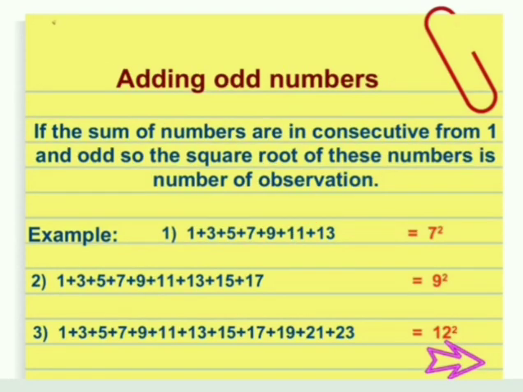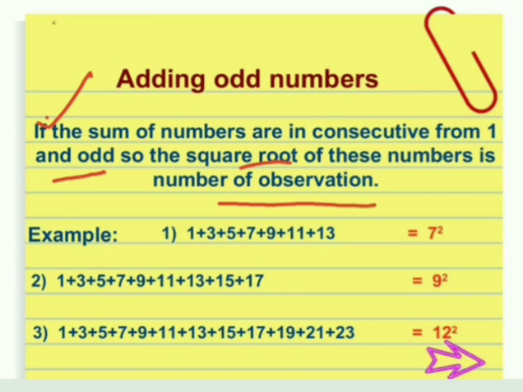Next property is adding odd numbers. According to this property, if the numbers are consecutive odd numbers starting from 1, then their sum is equal to the square of the number of observations. What does it mean?